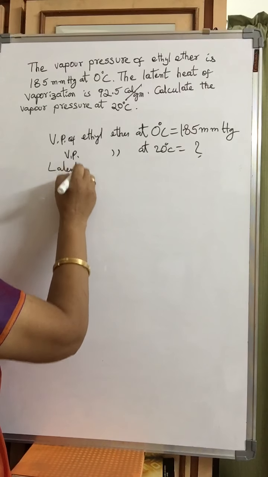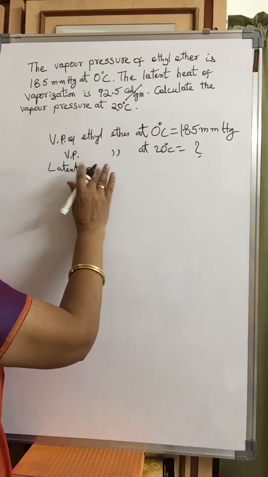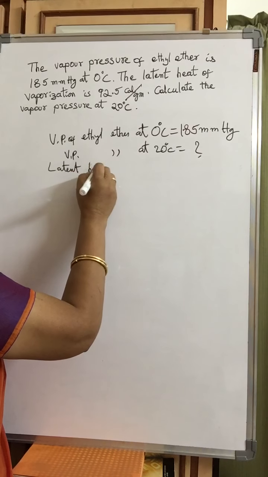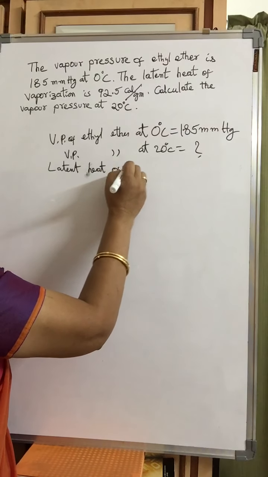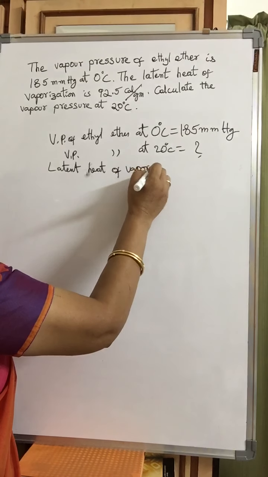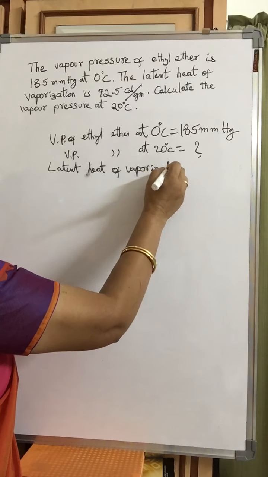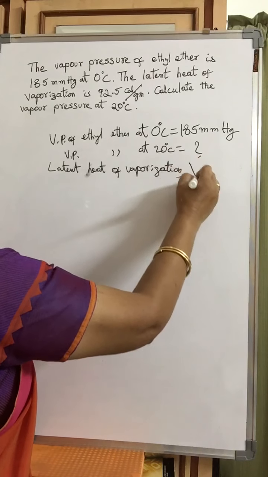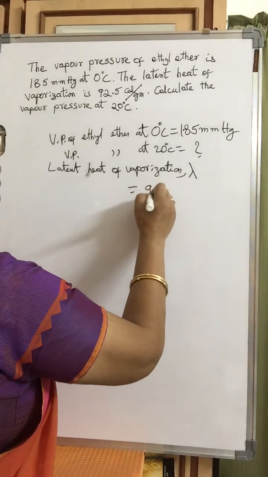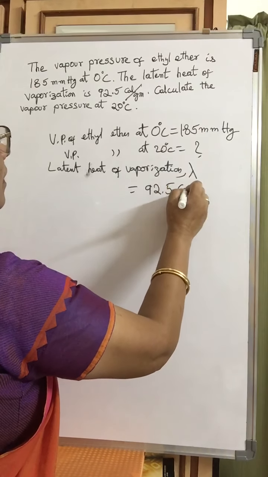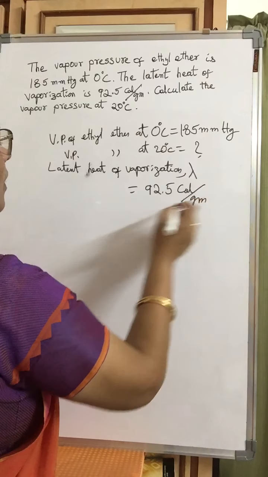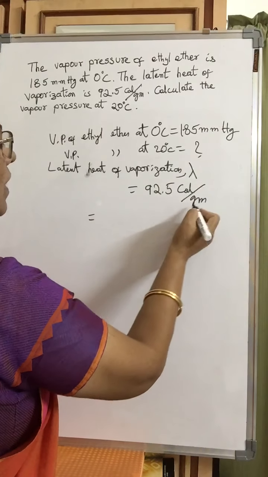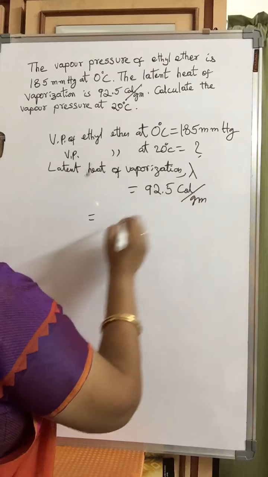Latent heat of vaporization, lambda, is given as 92.5 calorie per gram. So you need to check first, is it given per gram or per gram mole?